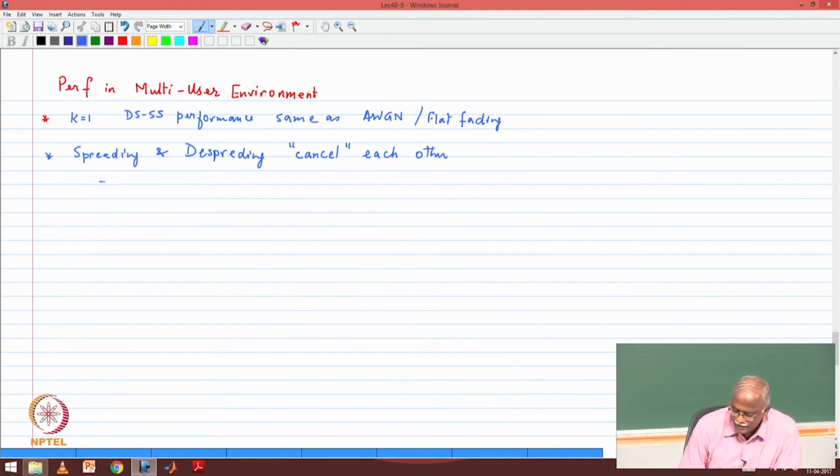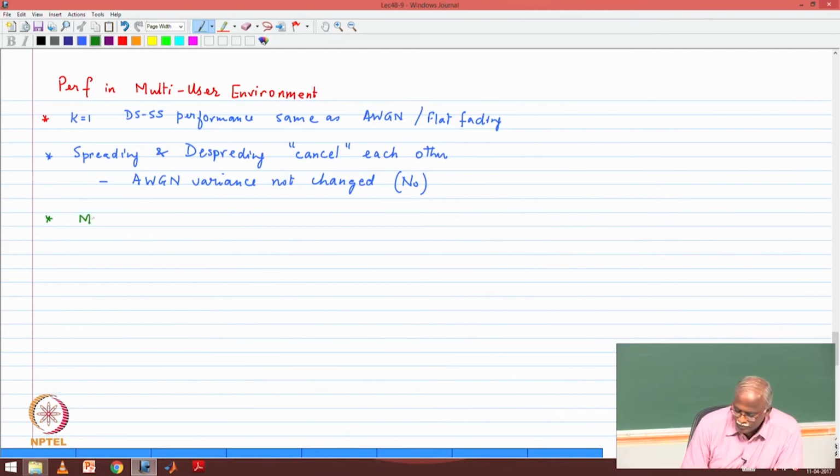So, the AWGN variance is not affected, not changed. If it was N naught in the narrowband system, it is going to be N naught in the CDMA system as well. Okay.